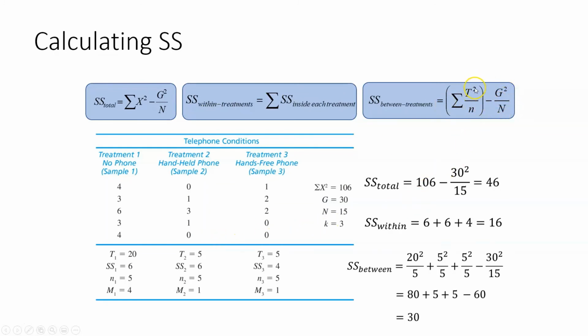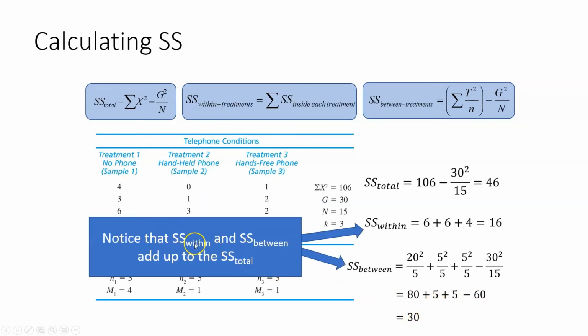So the t squared over n, remember, is the first t squared divided by n, and then the second t squared divided by n, and the third t squared divided by n, and then you sum those up. So 20 squared over 5, 5 squared over 5, 5 squared over 5, add those up, and then finally subtract g squared over n, which is g here, 30 squared divided by 15, that n right there. So if you carry that through, you've got 80 plus 5 plus 5 minus 60. That equals 30.